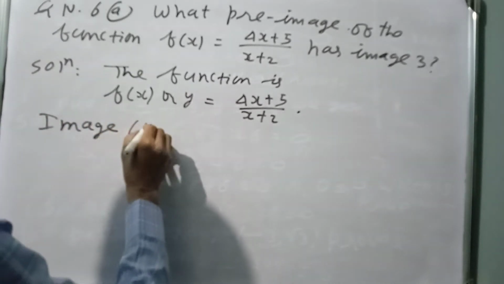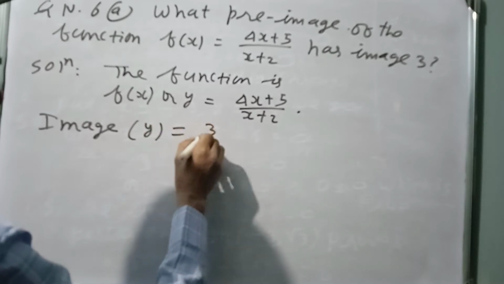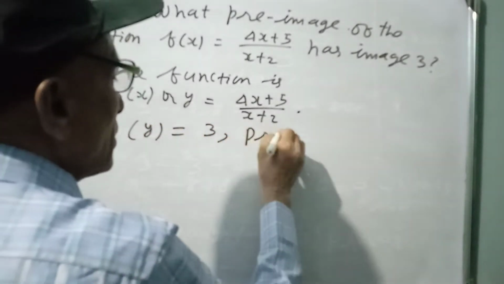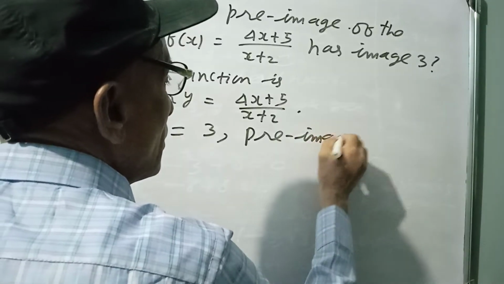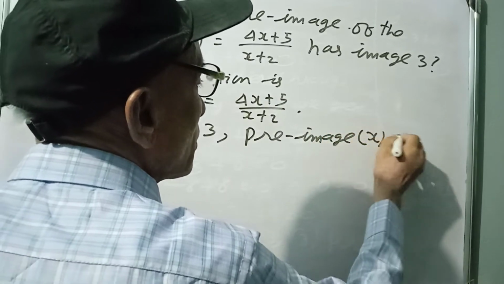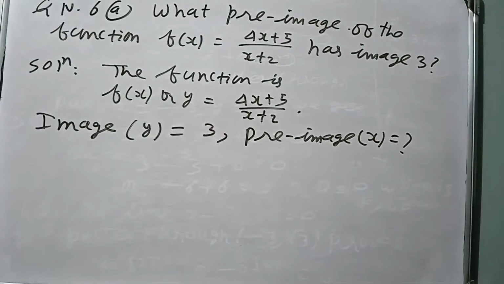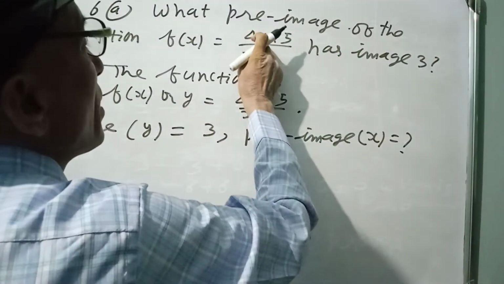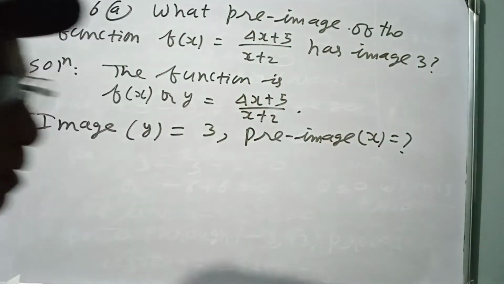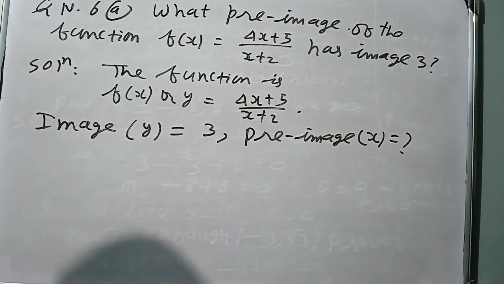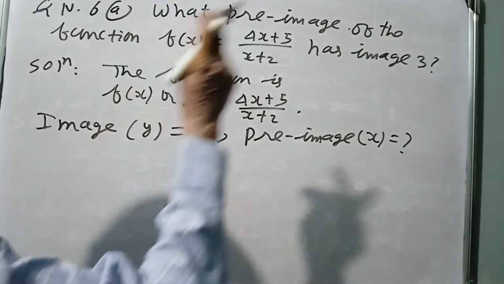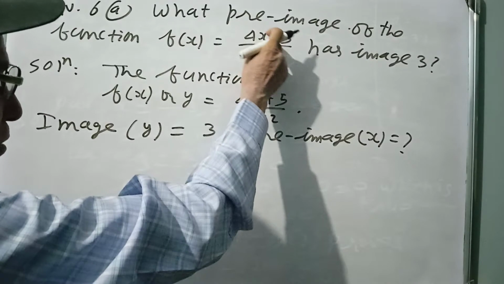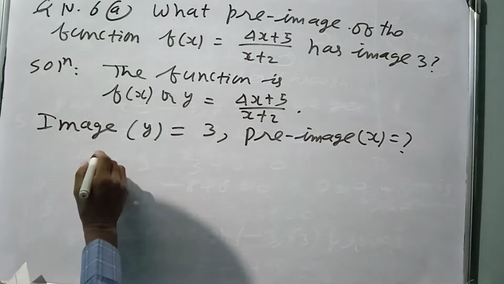Image is y equal 3. Pre-image, x equal what? Pre-image means domain, x equal what? Codomain or image or range equal 3. The range is 3, f(x) is 3, so what should the value of x be?